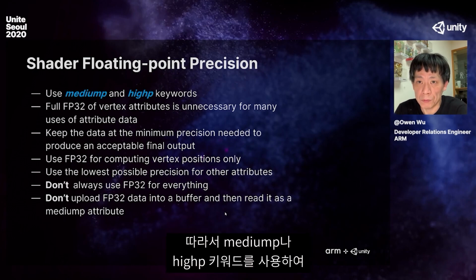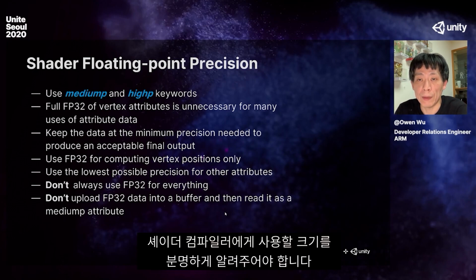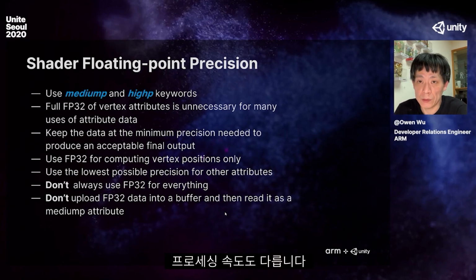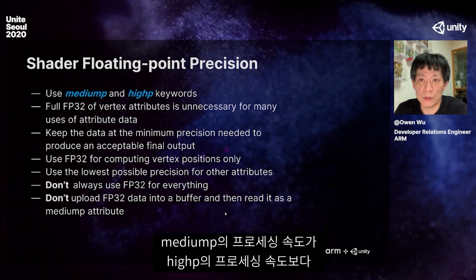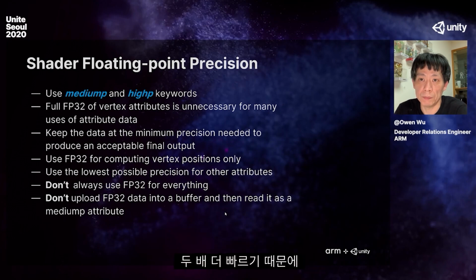So you need to explicitly use the mediump or highp keyword to tell the shader compiler which size you are going to use. And the processing speed is also different. The processing speed of mediump is twice as fast as the speed of processing highp.